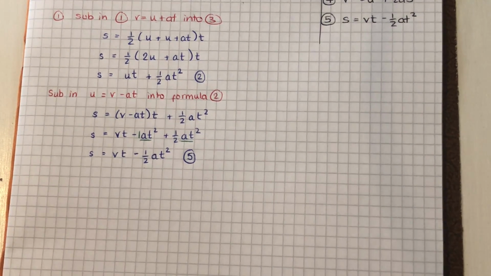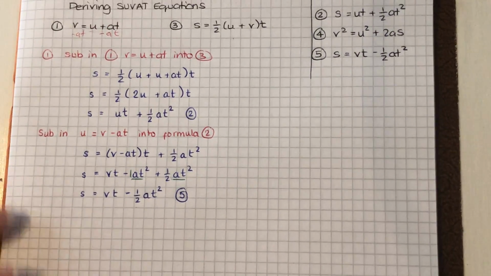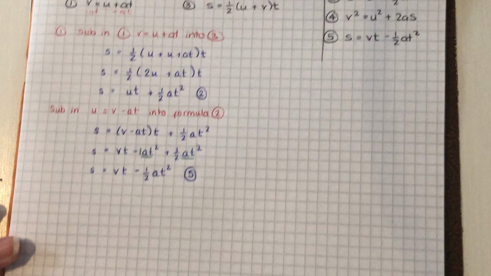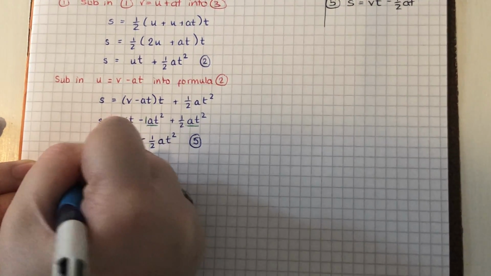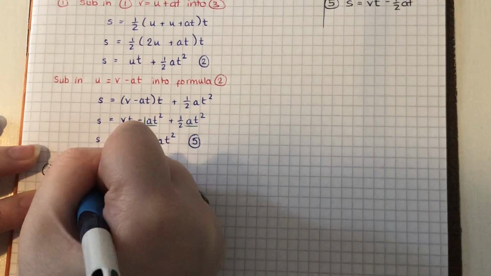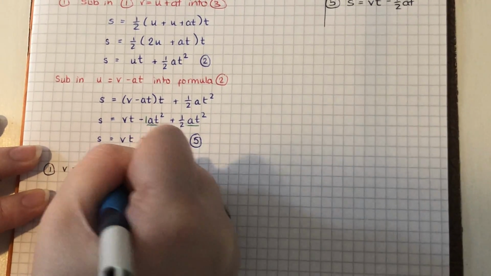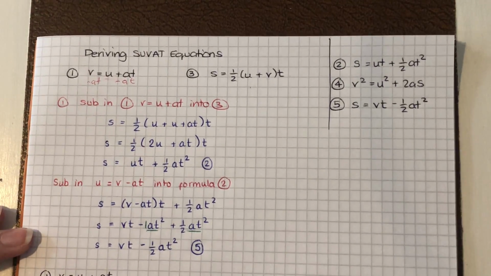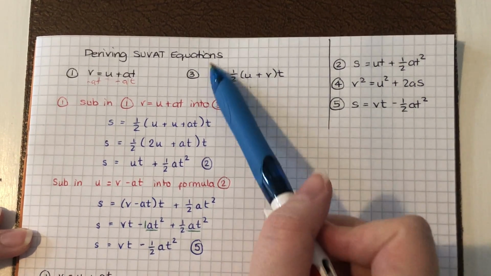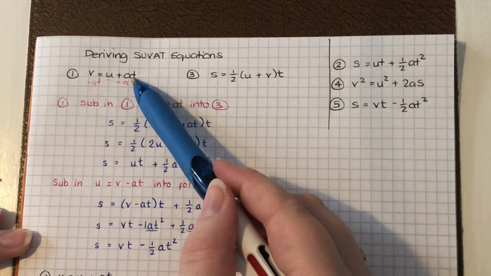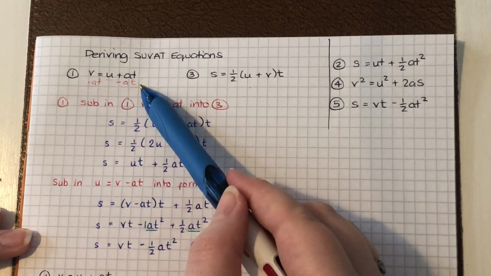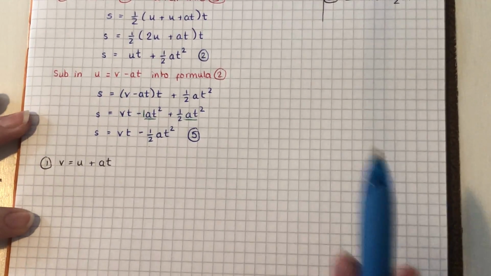The final one, I am going to go back to the top 2 here. I'm just going to rearrange the first formula. In the first formula, this doesn't have an a in it, so there's no point using the a, but they both have a t in. So I'm going to make t the subject of the first equation.